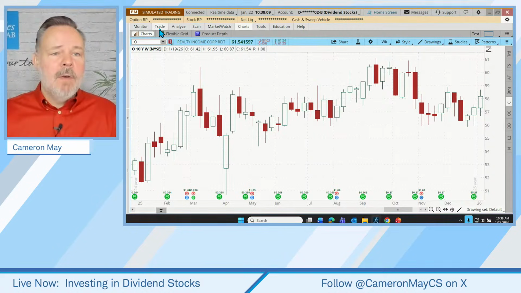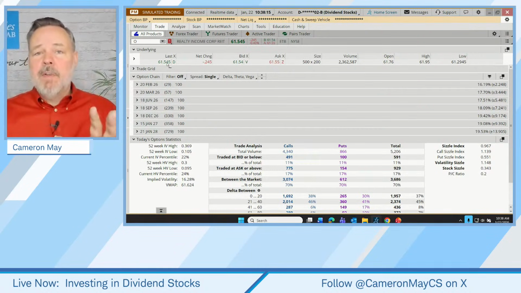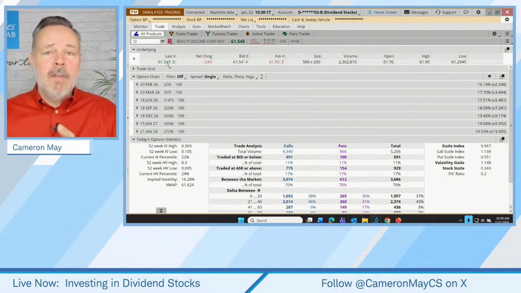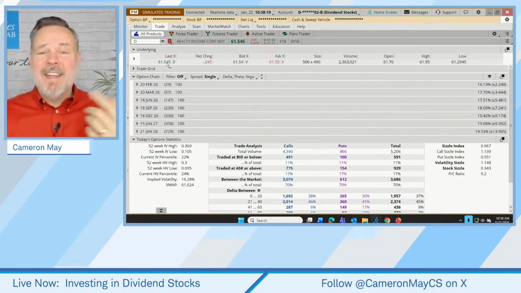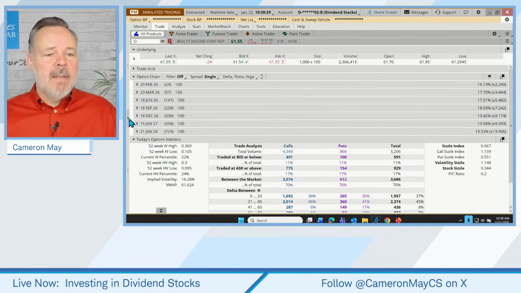So let's do that. Let's go to our trade tab. And in this portfolio, we've been committing about 5% of a hypothetical $200,000 portfolio to each position. That's about $10,000. So that would get us about 150 shares. 100 shares would be about $6,100. How about we be precise?